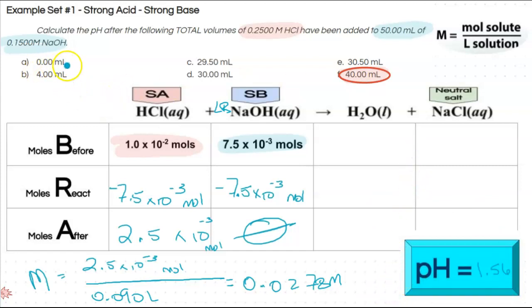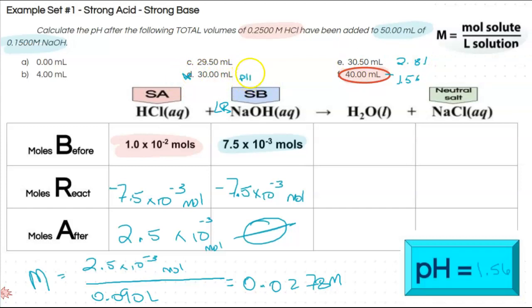One thing I'd like to point out though, if we go back and we look at the pHs, so at 40 milliliters, I have a new pH of 1.56. At 30.5 milliliters, I had a pH of 2.81. 30 milliliters was my equivalence point, so that's the big important one.